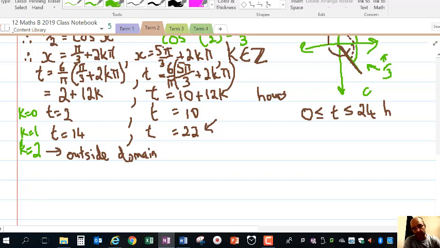That's a bit like what we're looking at in the graph at the top. I said there was a couple, like 26, you might remember, was outside of the domain. Therefore, the times are t equals 2, 10, 14, and 22 hours after high tide.